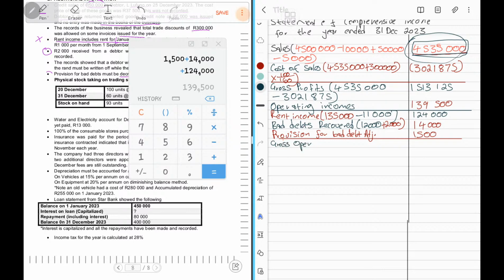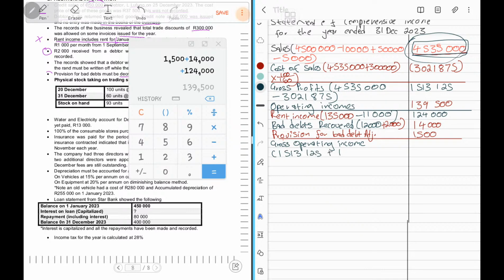Gross operating income. Now to find the gross operating income, we take the gross profit, then we add it with the operating incomes. So it will be how much? It will be 1,513,125.